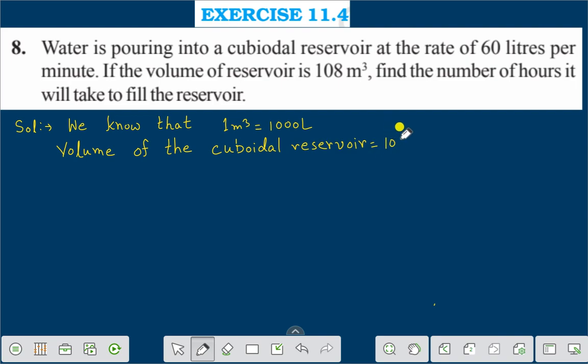If we convert 108 meter cube into liters, we know that 1 meter cube equals 1000 liter. Therefore 108 into 1000 liter is equal to 108,000 liter, right?